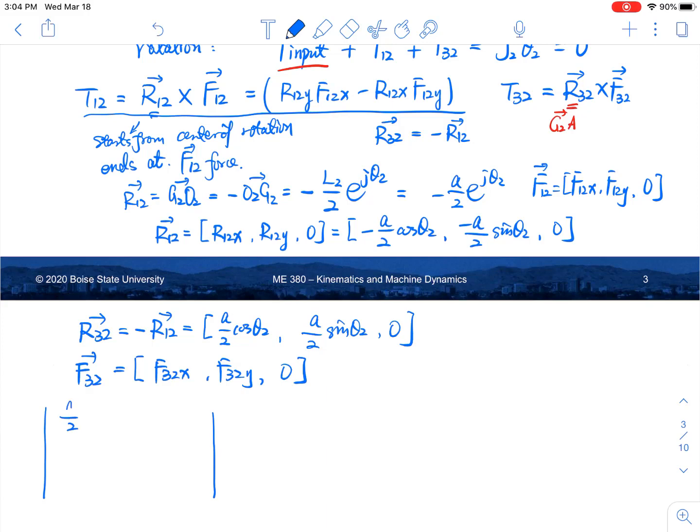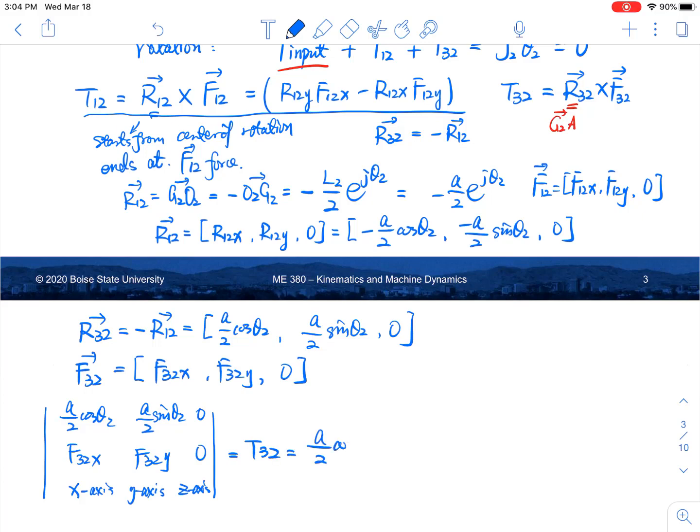You just lay out all these entities in the correct order. There's the x-axis, y-axis, and z-axis. Eventually that gives us T32.